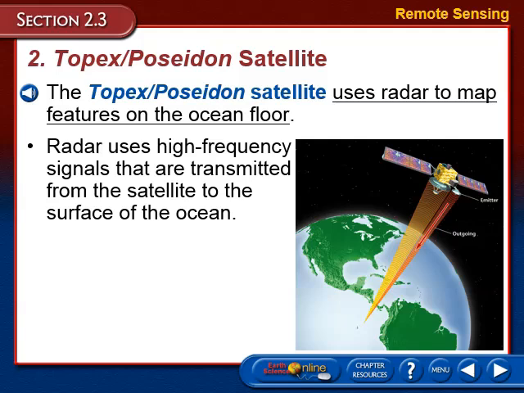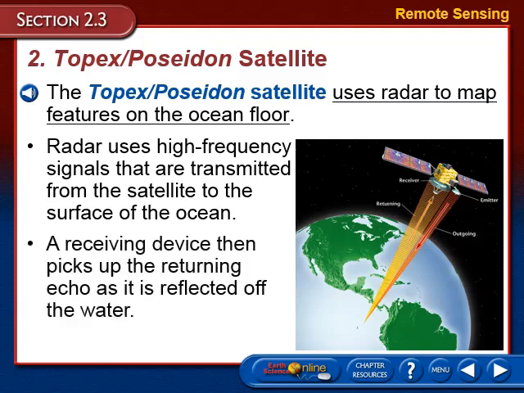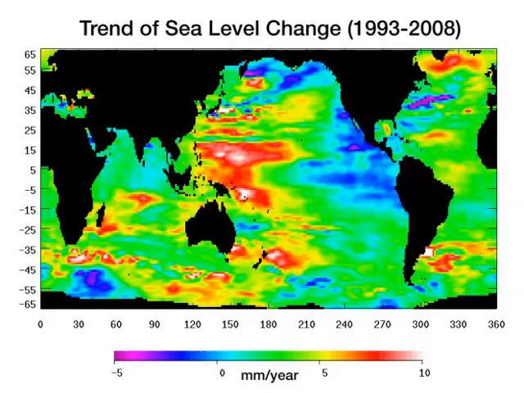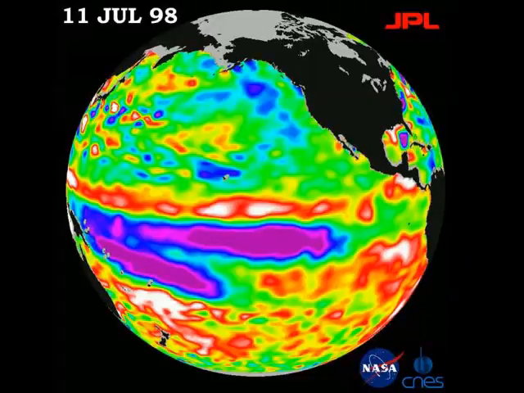It emits a high-frequency signal that goes all the way down to the surface of the ocean and is reflected off and back to the satellite. And this is kind of what you will see when they're measuring and getting information from this type of remote sensing using satellites.